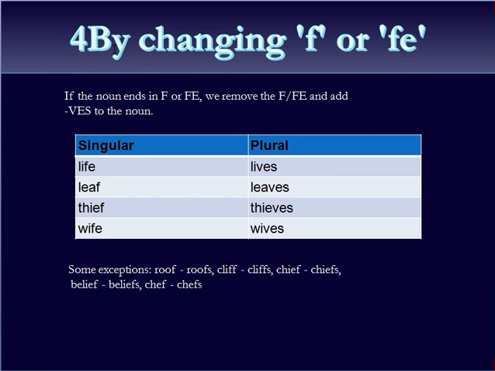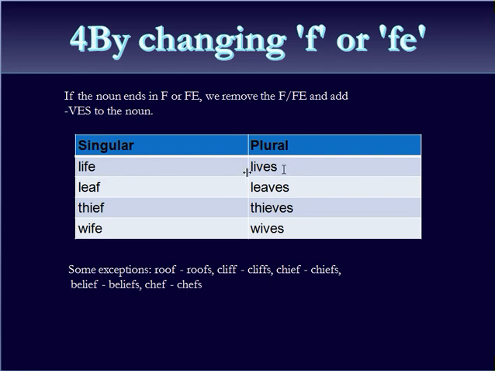So the next point to remember is by changing F or FE. If the noun ends in F or FE, we remove the F or FE and we replace it with VES. Okay, here we have some examples. Life, leaf, thief, and wife. So here we are removing FE or F, whichever is present at the end, and we are replacing it with VES.